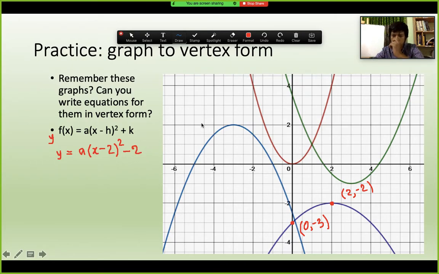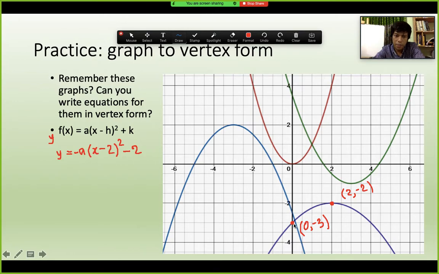So x minus 2 whole square, then minus 2. Of course, there will be a negative before, because it is a down opening parabola. So let's give a negative because it is a down opening parabola.